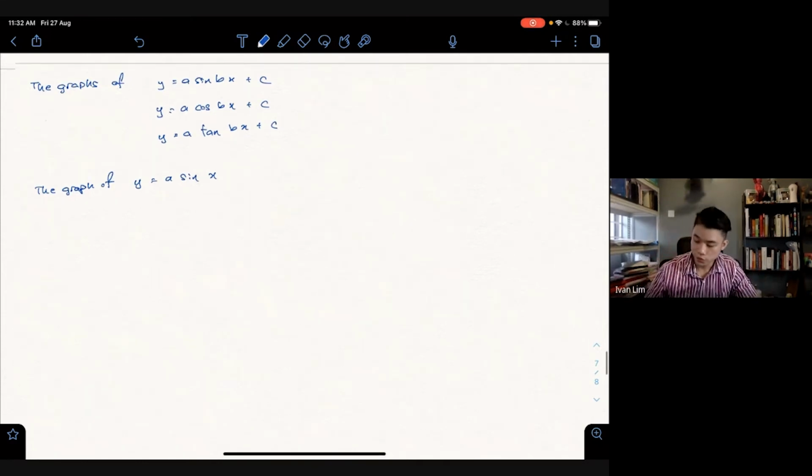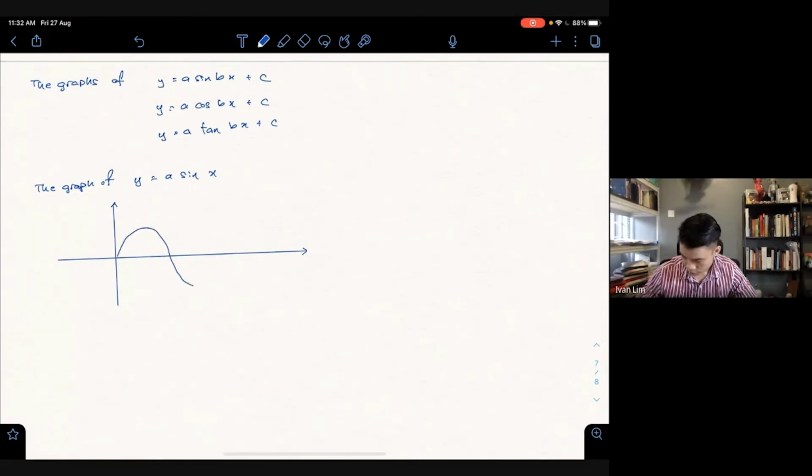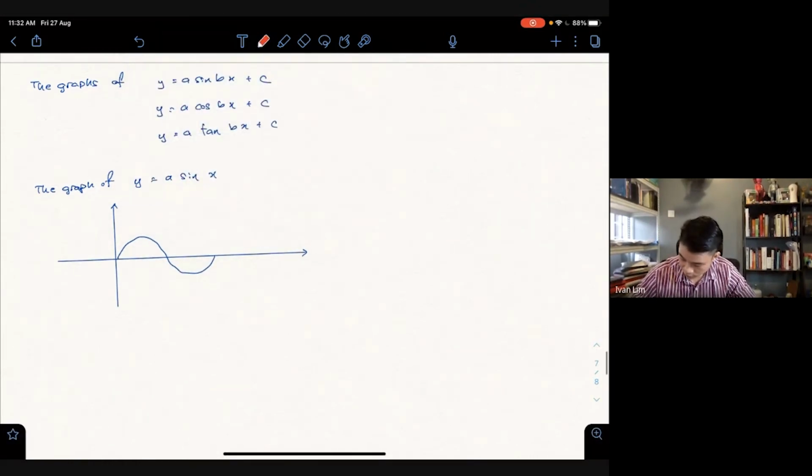So you all should get a graph something like this. If this is your original one, maybe I draw smaller. The value of A would affect your amplitude, but your cycle is still the same, right?